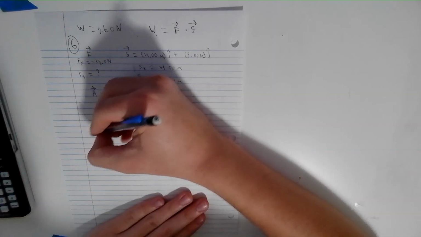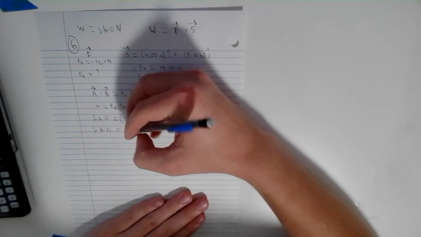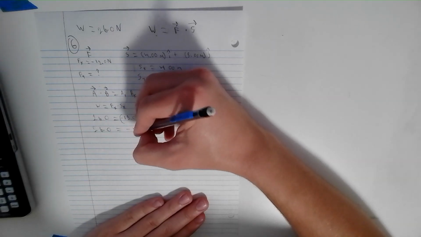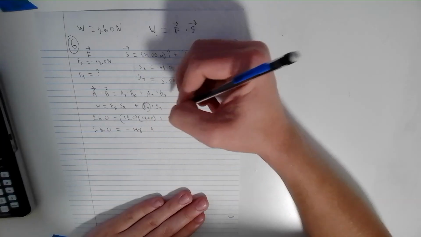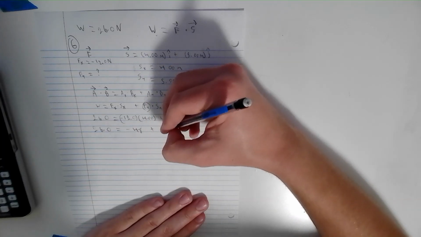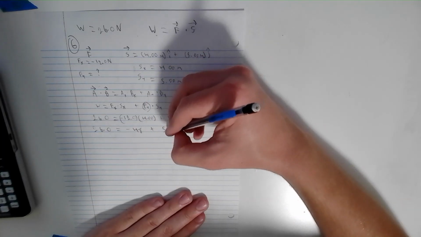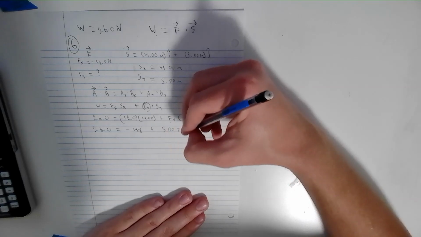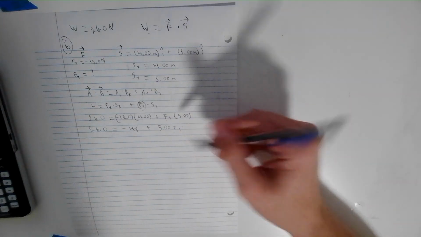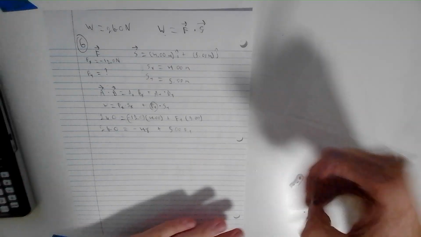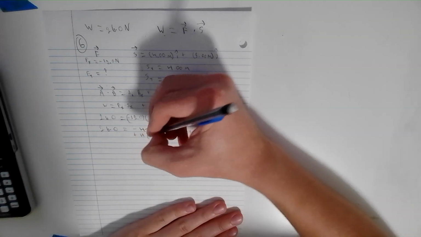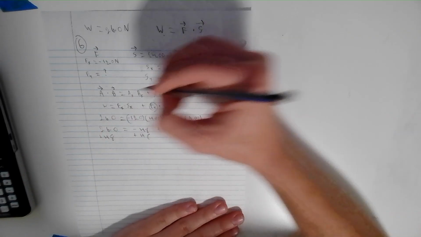So we're going to have 26 equals negative 48 plus 5 fy, and we're just treating it like an x. So then we can do plus 48, plus 48.